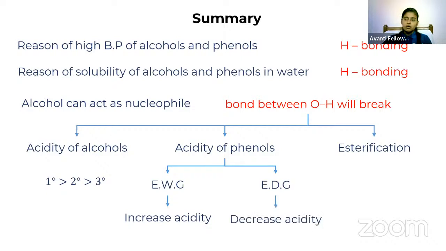And talking about esterification, we have studied three reactions. One is carboxylic acid with alcohol, and the other one is acid anhydride with alcohol, and one more thing also we have studied. Okay, acid chlorides with alcohol. So all these three reactants with alcohol and with the H plus, they led to the formation of ester.